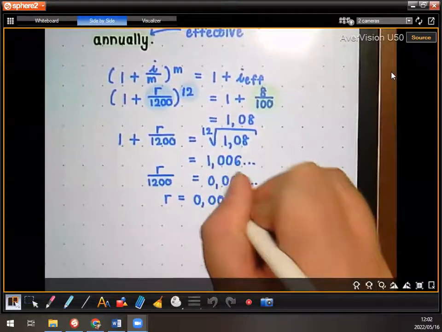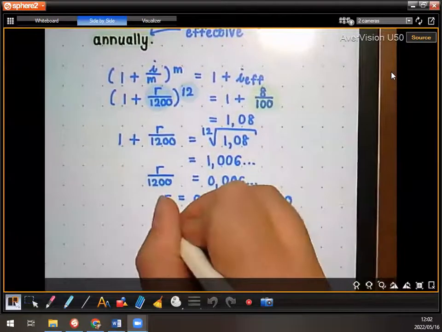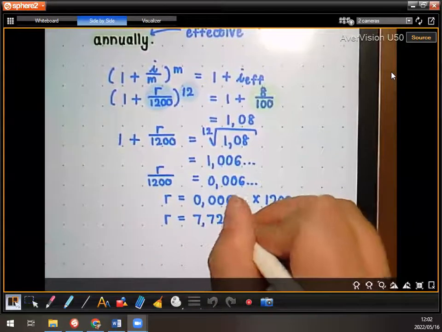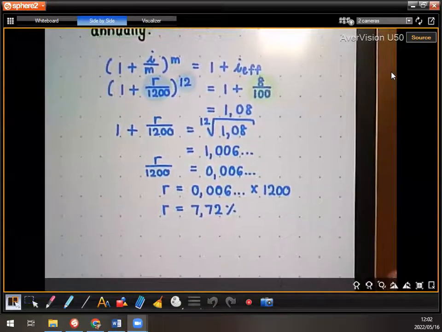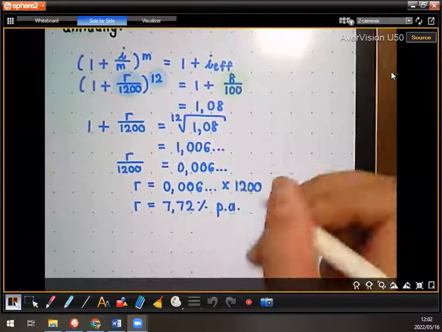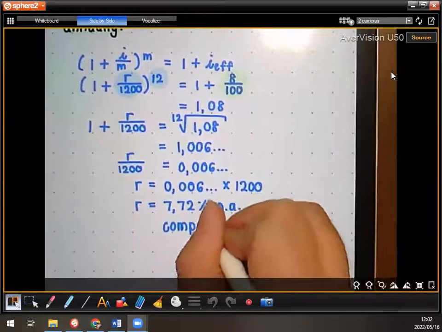You don't have to, but maybe just so that you remember. 7,72. And what is this? Compounded monthly. You can add that if you want to, you don't have to, but maybe just for the purpose of this example, let's do that.